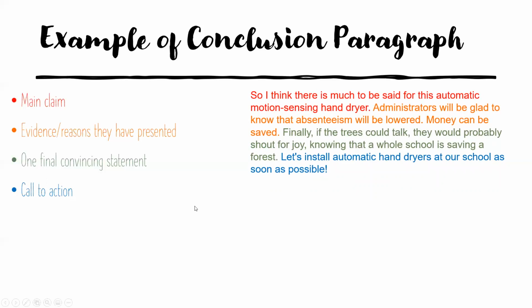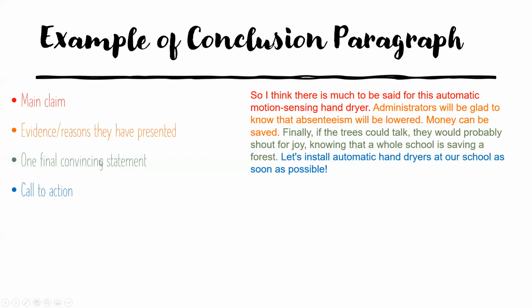So their main claim is that automatic motion sensing hand dryers need to be installed in the school. There's a lot to be said about them. One reason is administrators, like principals and stuff like that, they'll be glad to know that absenteeism will be lowered. Money can be saved. They're not going to have to spend so much money on paper towels anymore.